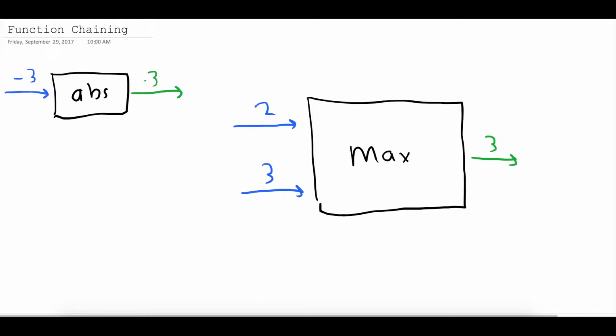Now, these are the 2 functions we saw last time, but let me pose another question for you. What if I wanted to make a program that took in 2 numbers, but instead of returning the max of the 2 numbers as they were, it returned the maximum absolute value of the numbers?